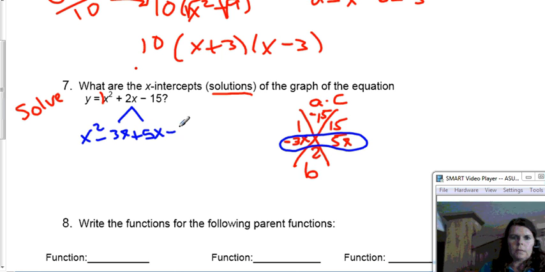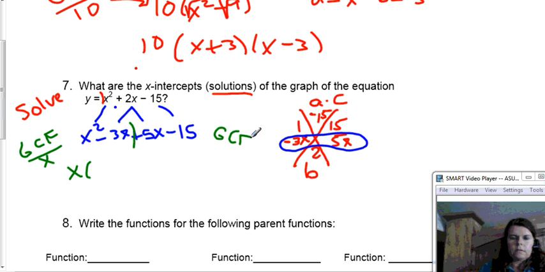Bring down the minus 15. Split the middle. Take out an x on this side. Take out a 5 on this side. And it's going to be a positive 5.